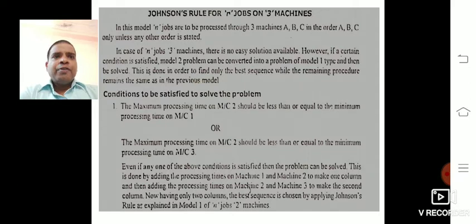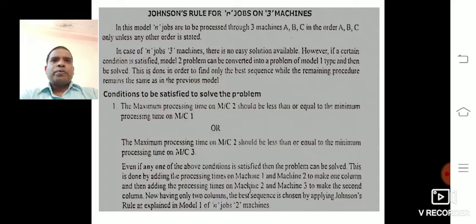If any one condition among the 2 is satisfied, then we add the processing times on machine 1 and machine 2 to make one column, and add the processing times on machine 2 and machine 3 to make a second column.